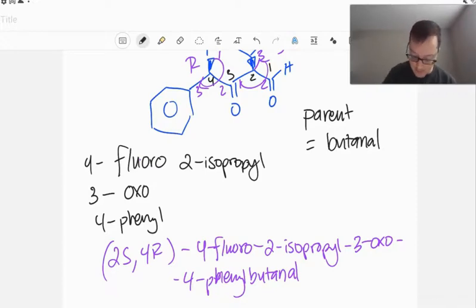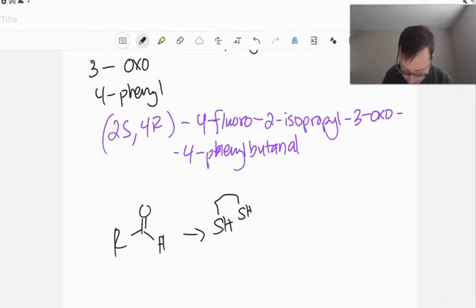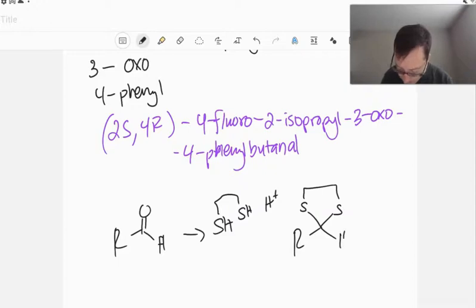Oh, you mean this dude? Yes. If you're just using it as a protecting group, no, it does not matter. However, it is usually better to use a cyclic one. The reason being, if you have multiple carbonyls, the cyclic one can only attack one of them.